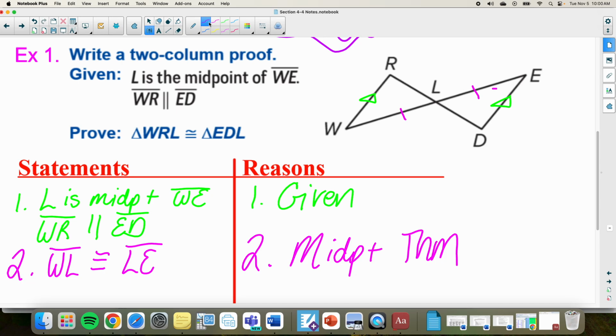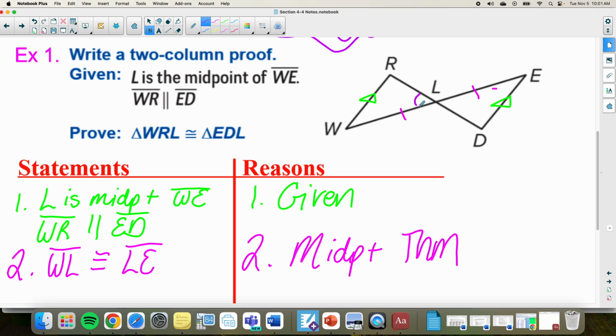Alternate interior, okay? So that's one of the things that we can still use. Do you guys see an additional thing you can use here? Is there something else besides alternate interior angles that are congruent, Keandra?